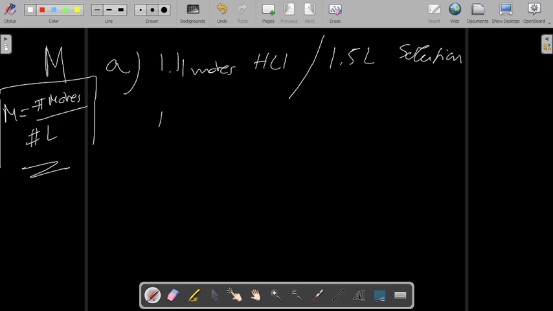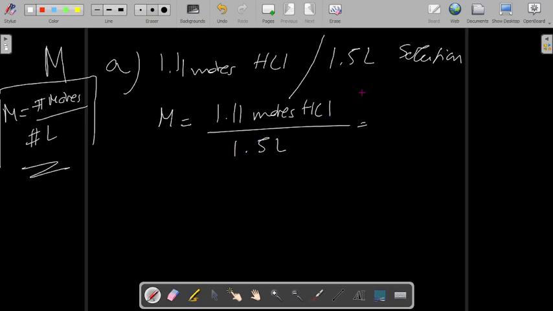So plug it into the equation. 1.11 moles hydrochloric acid divided by the liters of the solution, 1.5 liters. Put it in your calculator and see what number you get. Let's see, I got 0.74 molarity, and that's the answer for A. Okay.